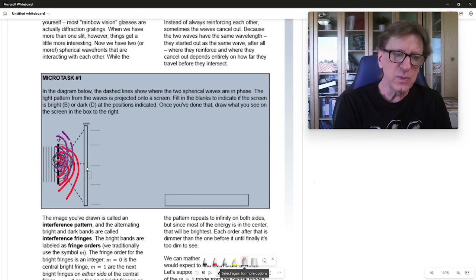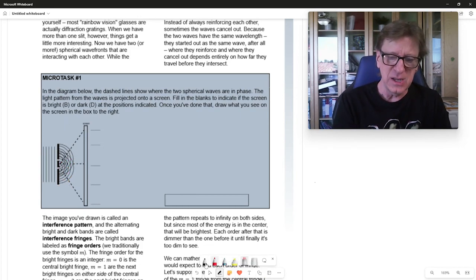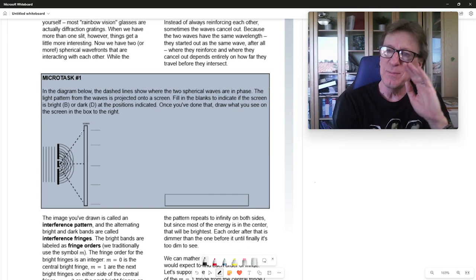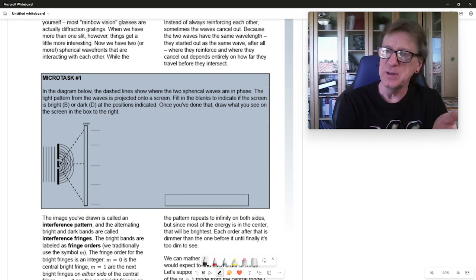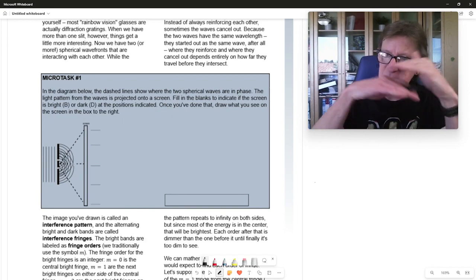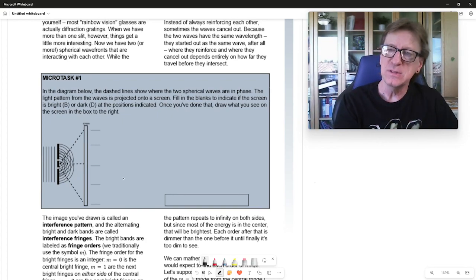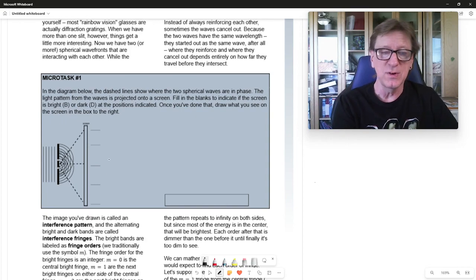So everywhere that you see a dashed line, that's where I'm indicating, okay, right here along this path is where they happen to be in phase. So at this point, for example, both the top wave and the bottom wave, the lines have actually intersected with each other. And the lines that are representing the peaks have intersected with each other. And so that's going to indicate where we've got constructive interference.